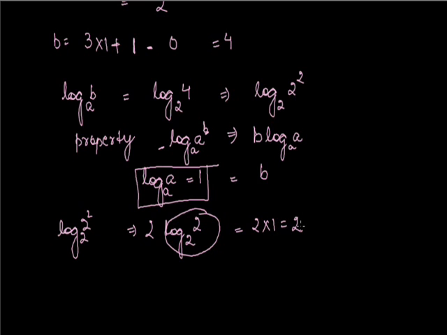Now we will be proceeding towards our next topic, which is trigonometric identities. First identity is cos square theta plus sin square theta is equal to 1. Next identity is 1 plus tan square theta is equal to sec square theta.